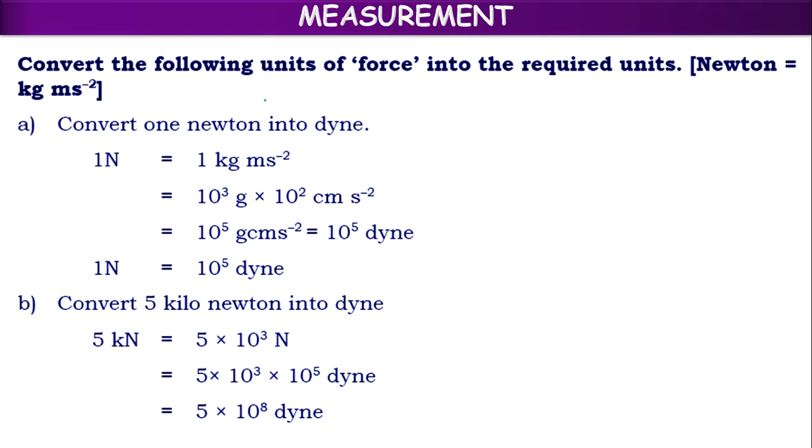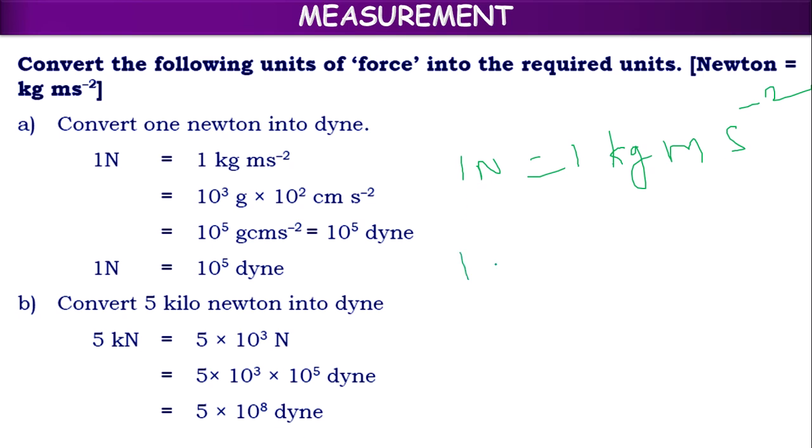Next, children, convert the following units of force into required units. Normally, children, force is measured in a unit called newtons. 1 Newton equals 1 kg meter second to the power of minus 2. Or we have the CGS unit, 1 dyne. 1 dyne equals 1 gram centimeter second to the power of minus 2.